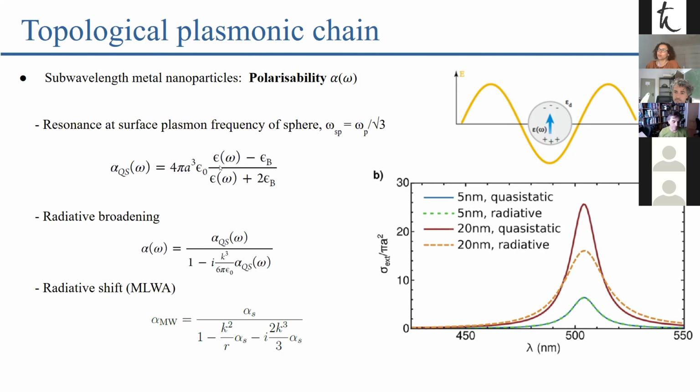But on the other hand, as soon as you increase a little bit the size of your plasmonic nanoparticle, you will also have radiative effects, which include broadening. So we compare this quasi-static polarizability in red with this dashed line here, where the mode is quite broadened. And there are also important radiative shifts that shift the resonance quite a lot, which is not plotted in this image.